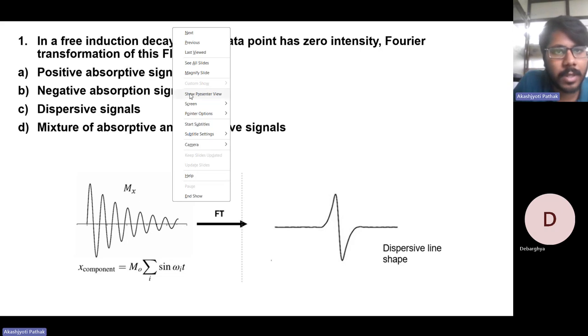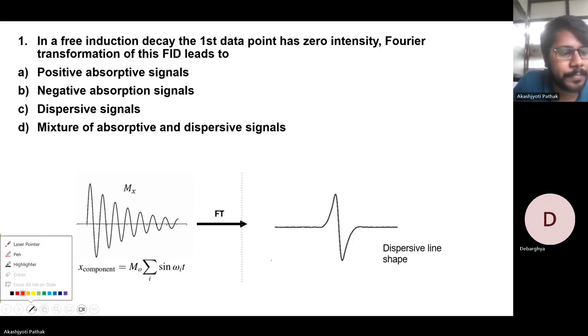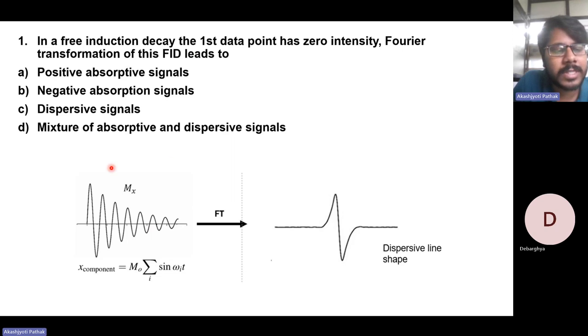Just a second. So this is the free induction decay, and as you can see, the first point of this free induction decay has zero intensity, right? What it is trying to say is that zero intensity means it is detecting only the X component, because as we had seen, the X component is related to time as a sine function.